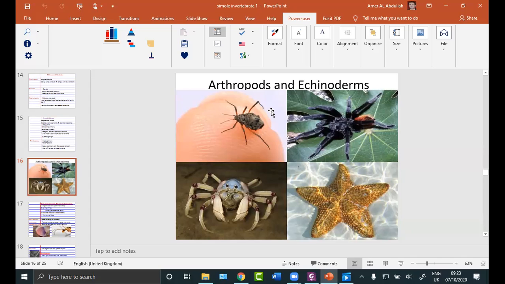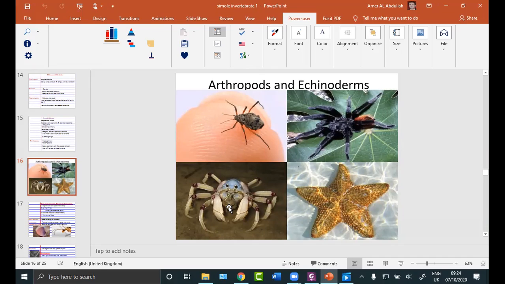More than half the world's animal species are arthropods, a numerous number, like spiders, crabs, and insects. They have a hard skeleton on the outside of the body called an exoskeleton.